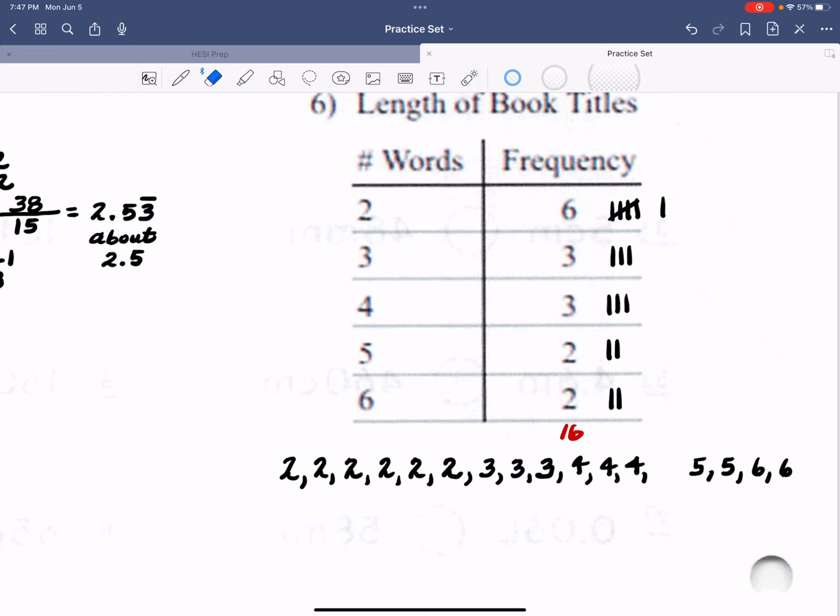I used to do intentional mistakes with my students to see if they were paying attention, but that was not on purpose. 1, 2, 3, 4, 5, 6, 7, 8, 9, 10, 11, 12, 13, 14, 15, 16. And it would matter. It would throw off my whole problem if those did not match.